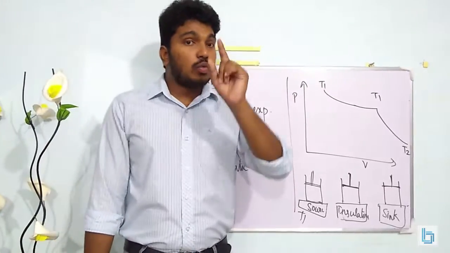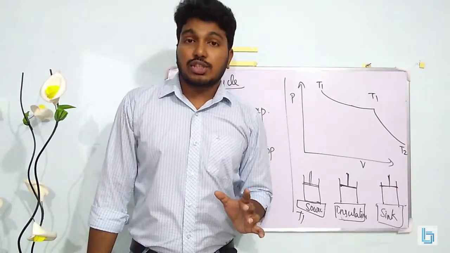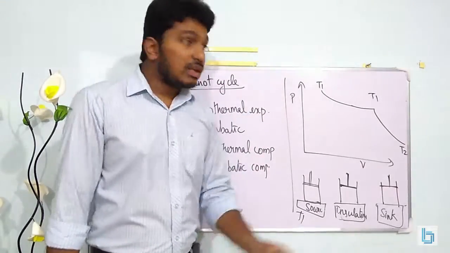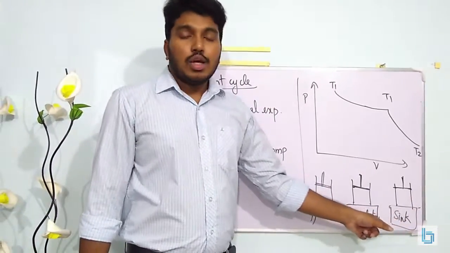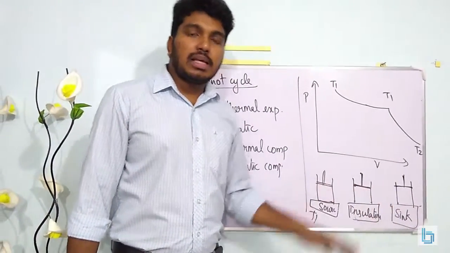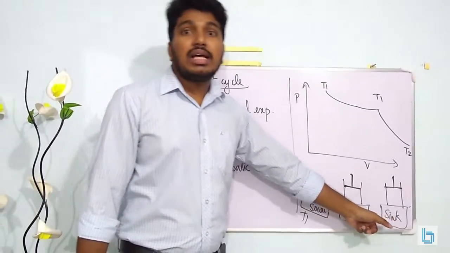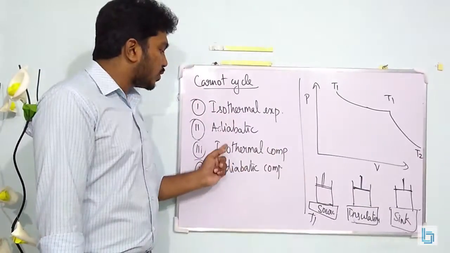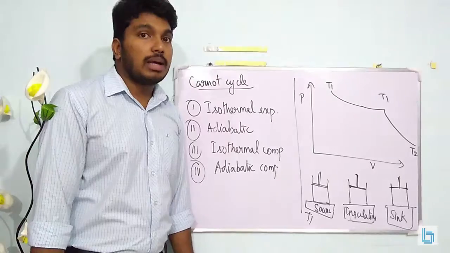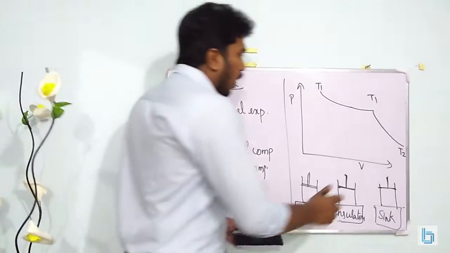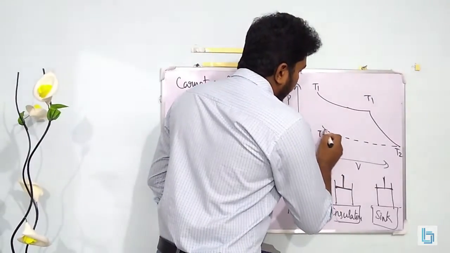But the process will be carried out in an extremely slow manner, such that whatever increase in temperature there is, it is given to the sink. There is a compression taking place, and an increase in temperature, but all the increased energy is given to the sink, which means it is an isothermal compression that is taking place here. So the temperature is again remaining constant.